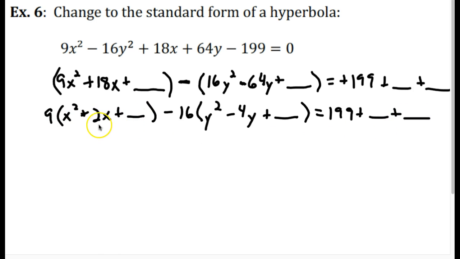So now we complete the square. Take half of b and square it. So half of 2 is 1. 1 squared is 1.